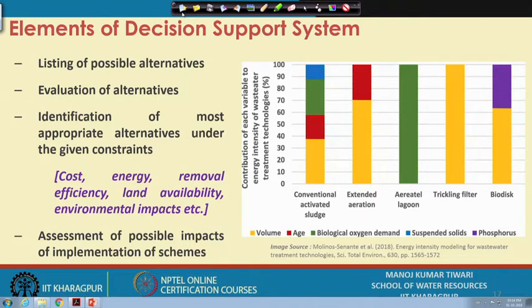Okay. And this assessment of these possible alternatives will eventually help in assessing the possible impacts of the implementation of these schemes. So, based on the decision support system we end up making a decision that okay, we have say these 6 alternatives.